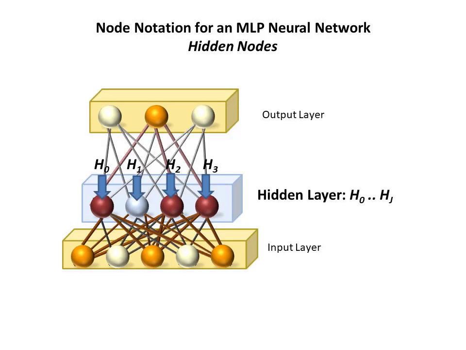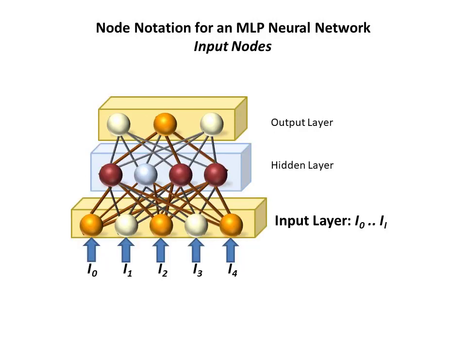Similarly, we're denoting the hidden layer nodes as H sub 0 up through H sub J. You can see the notation for the 4 different hidden nodes stuck in between the hidden nodes themselves and the output layer. That's H sub 0, H sub 1, H sub 2, and H sub 3. Finally, we denote the input layer nodes as I sub 0 up through I sub I.